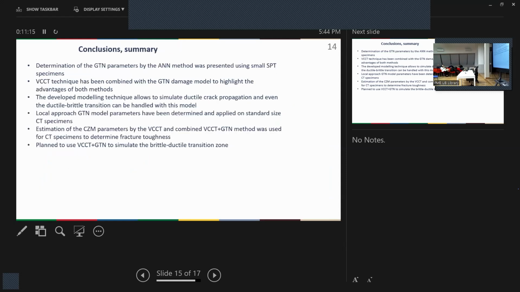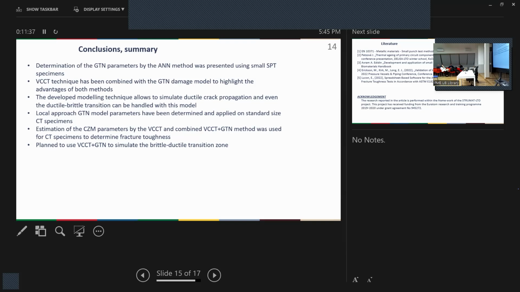So as a conclusion, I could say that we used a small punch test simulation with the help of an artificial neural network system to determine GTN parameters for our investigated material. And after that, we connected the VCCT plus GTN model to highlight the advantages of both methods.